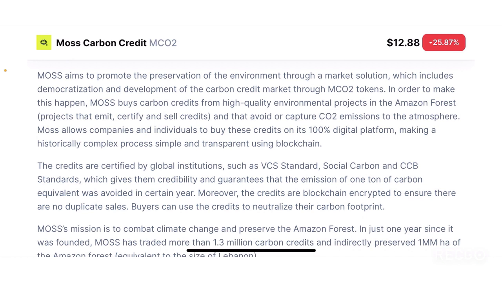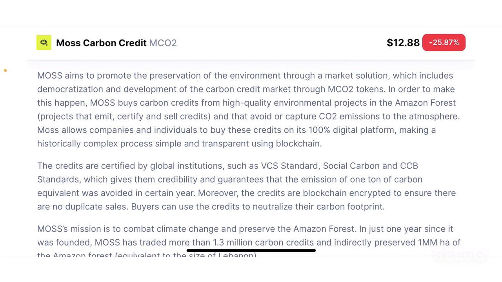Moss allows companies and individuals to buy these credits on its 100% digital platform, making a historically complex process simple and transparent using blockchain.